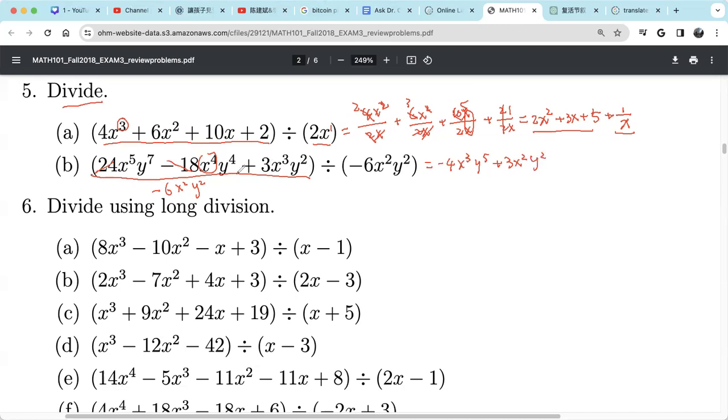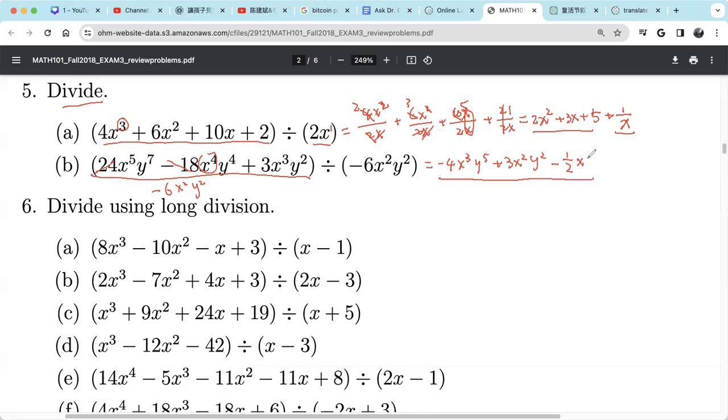Then 3 divided by -6, that's -1/2. X cubed divided by x squared is x, and y squared divided by y squared is just 1. So -1/2 times x times 1 is still -1/2 x. So that's it.